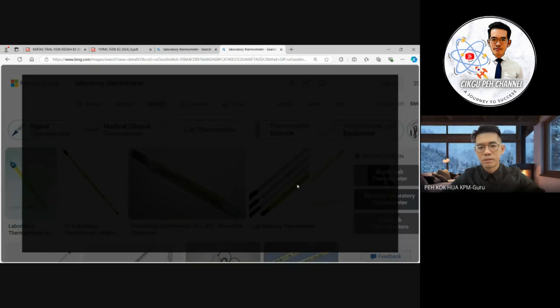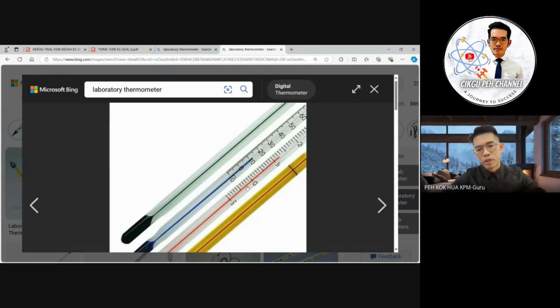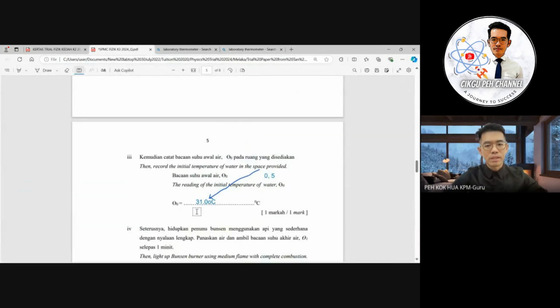You can see here, the smallest division is 1, then 2. So if you get your reading at the middle, you can choose 0 or 1. You can give a non-decimal reading, for example 31 degrees Celsius, 32, 33.